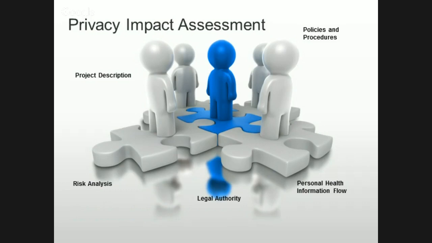So it is an iterative process. You want to start about 3 to 6 months before your planned implementation, because you're going to find out some things in that PIAA process that are going to have an impact for you.